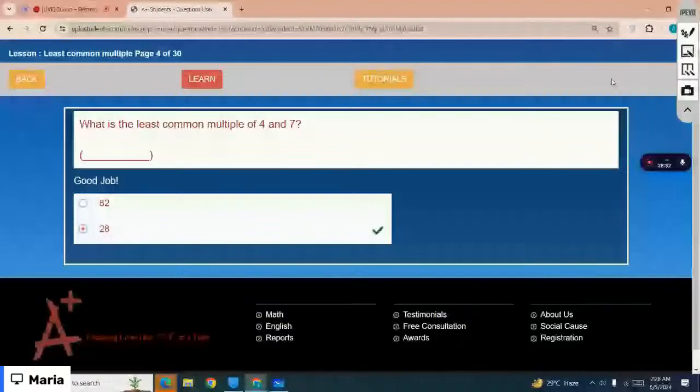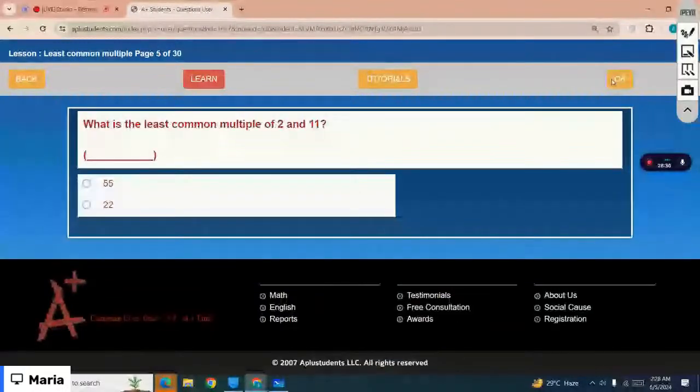What is the least common multiple of 2 and 11, which is the correct option?